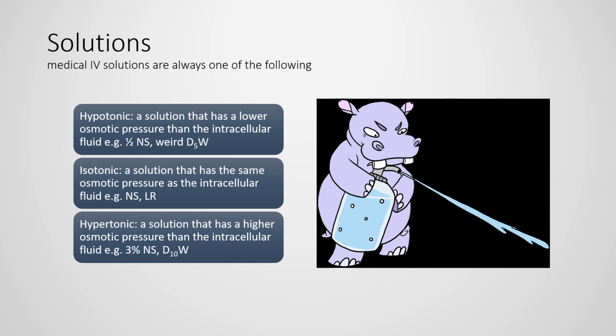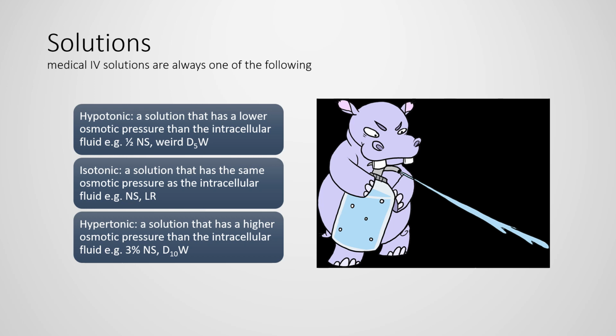So let's look at the three groups. Hypotonic solutions. So that's a solution that has lower total electrolyte and sugar content in general, causing the tonicity to be lower than the intracellular compartment.